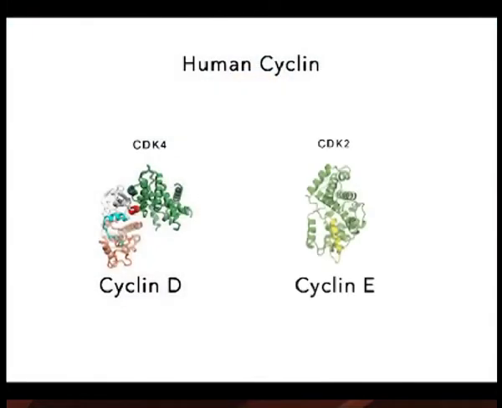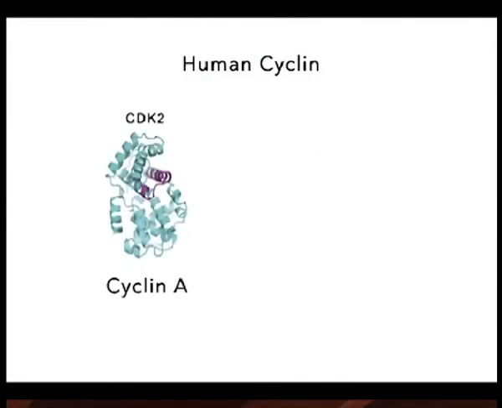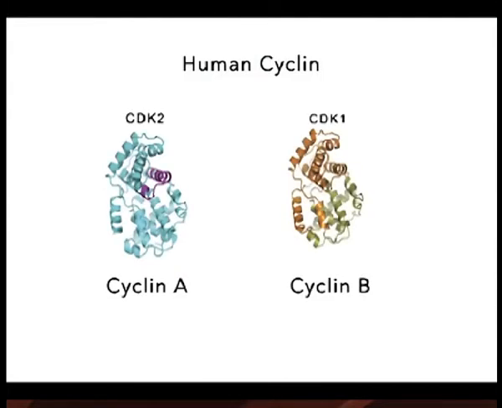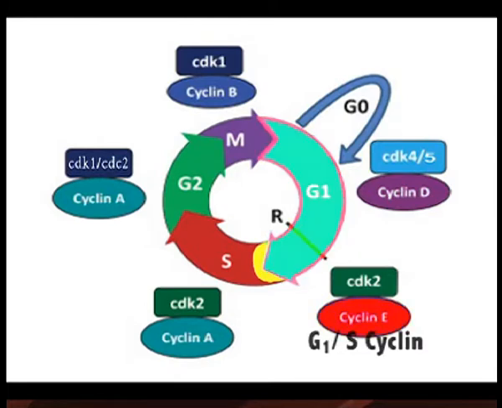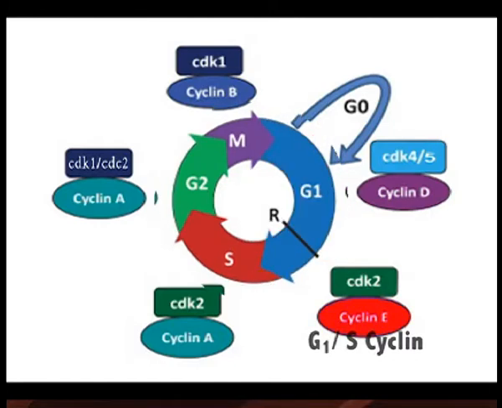Several classes of human cyclin have been identified. They are cyclin D, E, A and B. Cyclin D and E function during G1 phase, and therefore they are collectively referred to as G1 cyclins, whereas cyclin E is mainly involved in G1 to S transition, and therefore it is called G1/S cyclin.